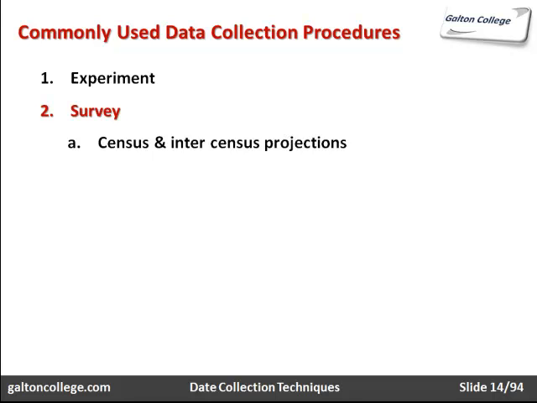If the business makes light bulbs, then the census of those light bulbs, or a view of the entire population, might be possible. Generally speaking, it's not. So what we do is we take a sample. We also look at information in between, looking at the full extent of the information available. We look at what's in between, and we try to interpolate what's happening between one census and the next.